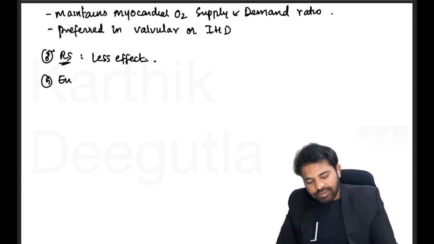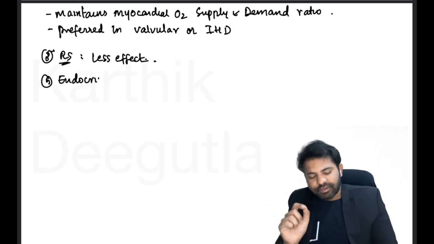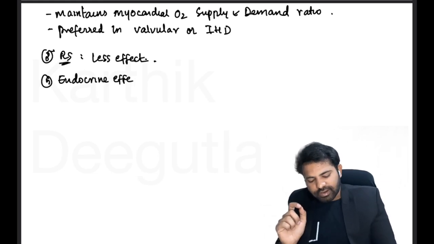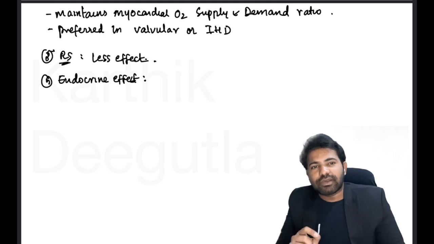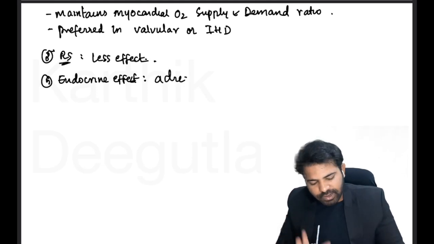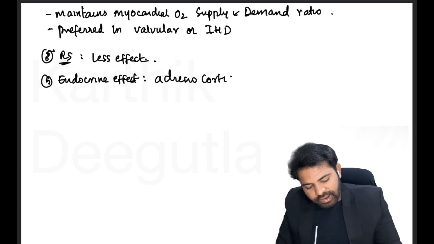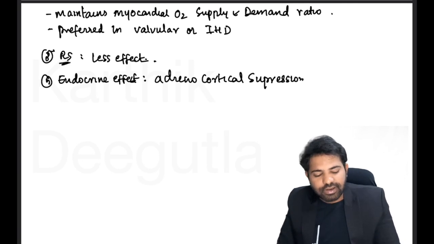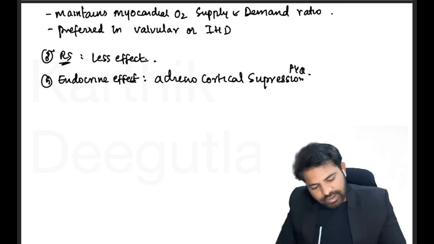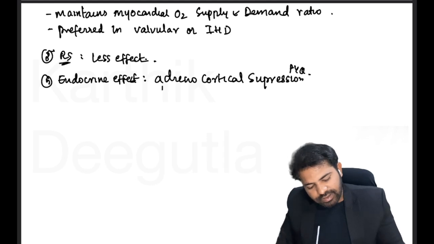Then it also has some endocrine effects. This is to be remembered very importantly. What effect? It causes adrenocortical suppression. So which of the following drugs will cause adrenocortical suppression? The answer is etomidate. This is a previous year question and it is a very important question.